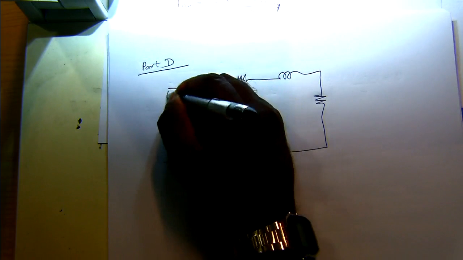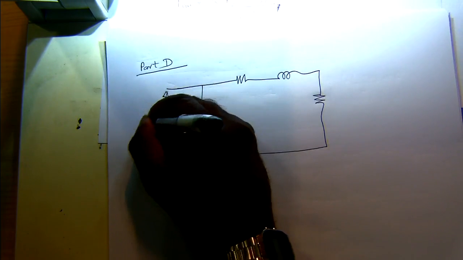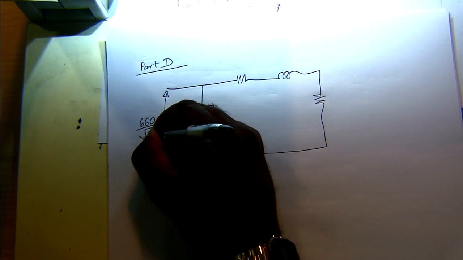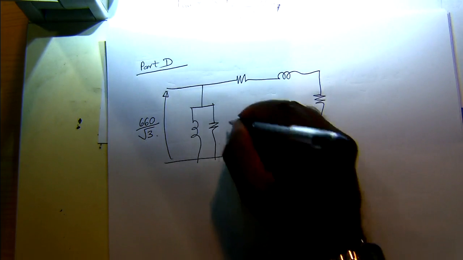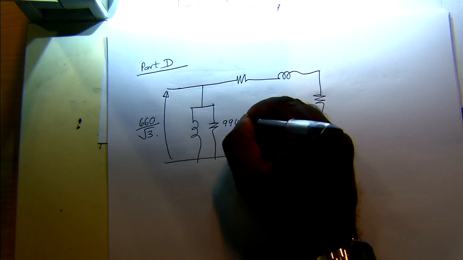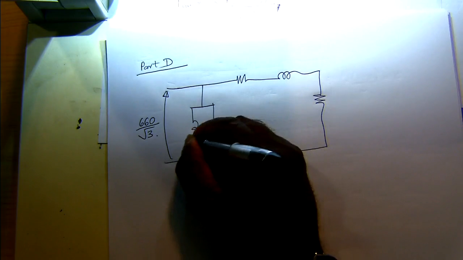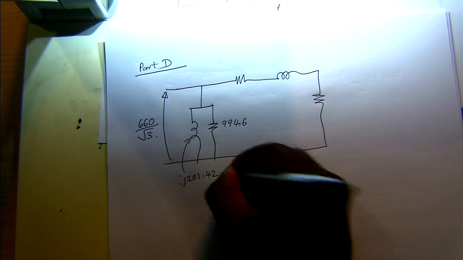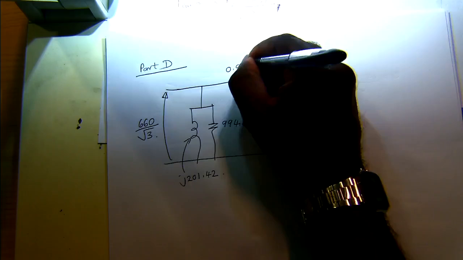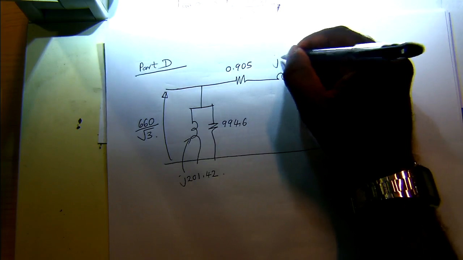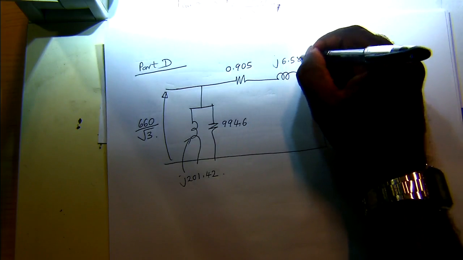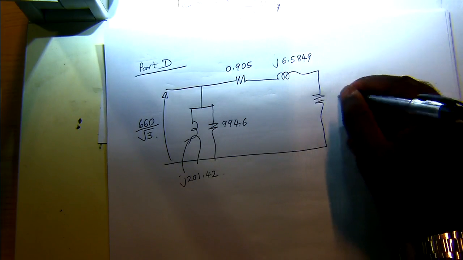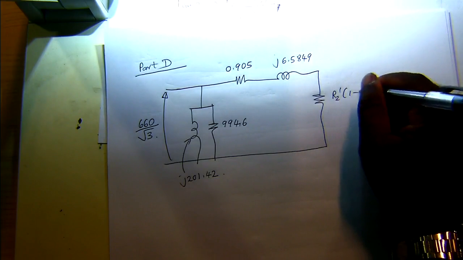So the rated voltage here is 660 over root 3, and then 994.6, and then this is J201.42, and this is 0.905, this is J6.5849. This is R2 prime times 1 minus S over S.